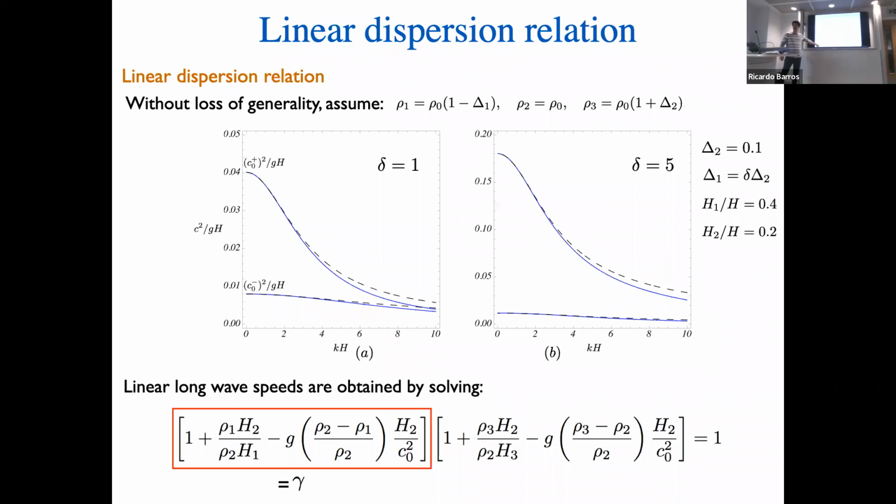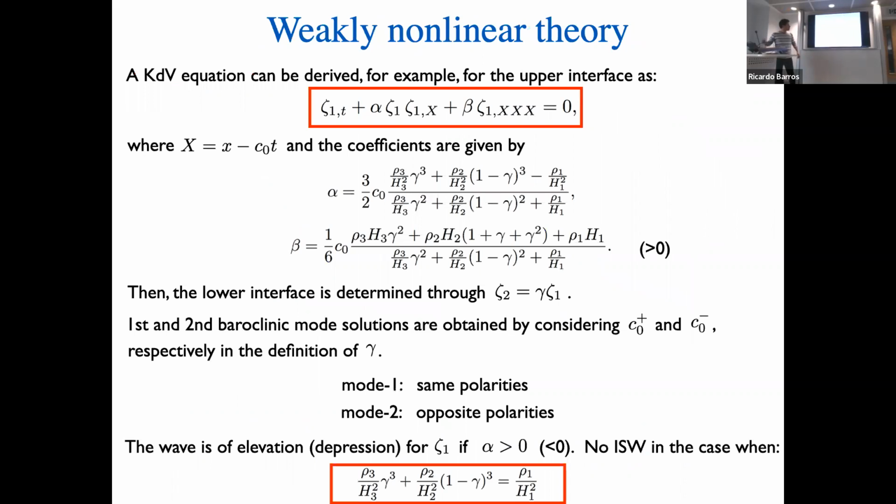C naught should be replaced by C naught plus or minus, depending on the mode you are interested in. So you have a KdV. Moreover, if I want to recover the deformation of the second interface displacement, I just have to multiply the first by that gamma, and I get that proportionality constant.